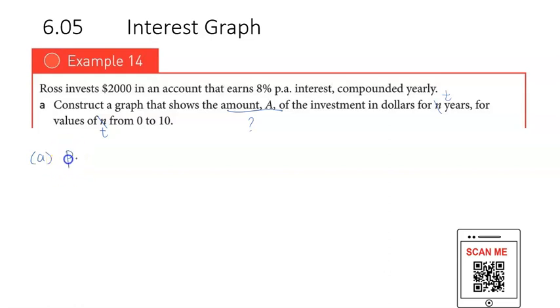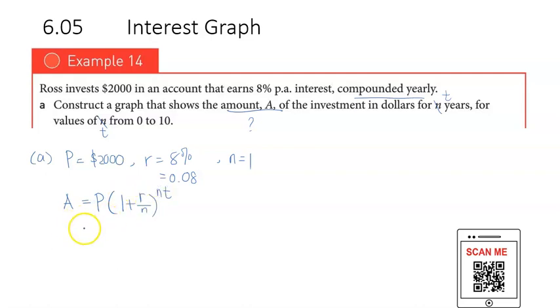So I label down the information. Principal right now I have 2000, and the interest rate R is 8%. Please change to decimal, 0.08. And your question is compounded yearly, so your compounding period n is equal to 1. Frequency is just 1 time. The formula for finding the total amount is A equals P times (1 plus R divided by n) to the power of nt.